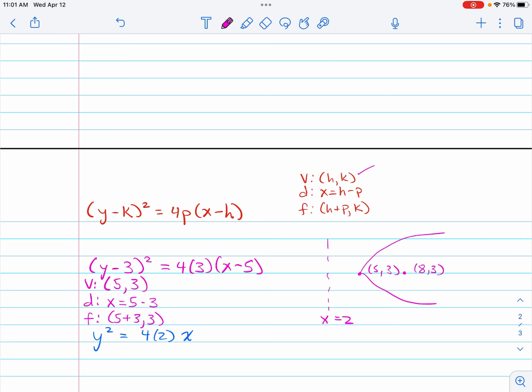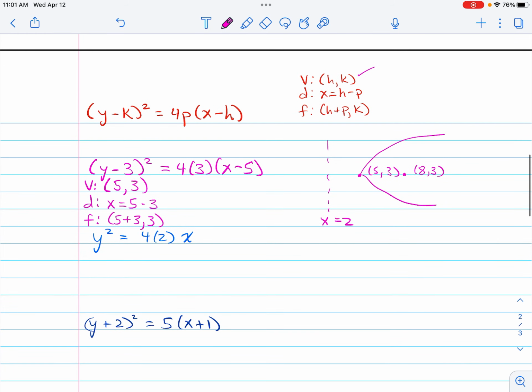Opens to the right. Okay, down here, the vertex, we've just got 0, 0. Okay, the directrix, well, actually, it's going to be x equals just minus 2.